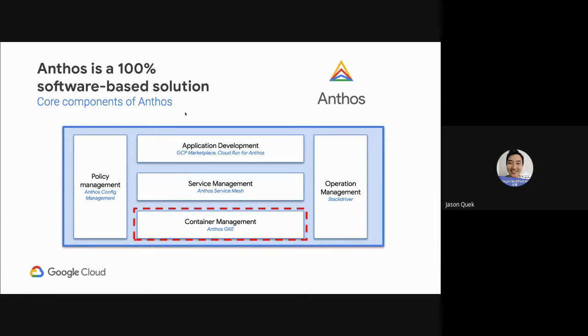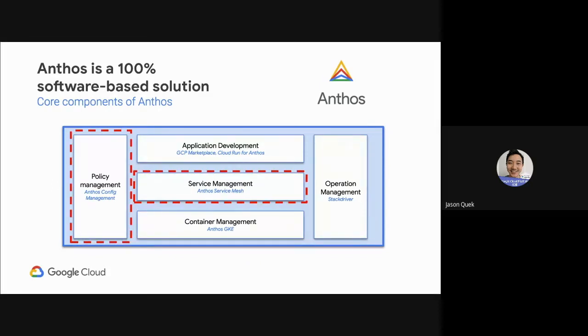First, you get the container management. This is what is commonly referred to as Anthos GKE. That includes GKE on-prem, your on-prem stack that runs on VMware. That can run on Azure, can run on AWS, or can run on bare metal. So you have the ability to run Kubernetes on different clouds and on different environments.